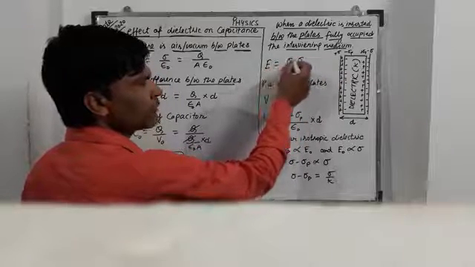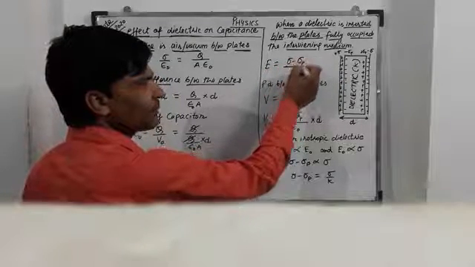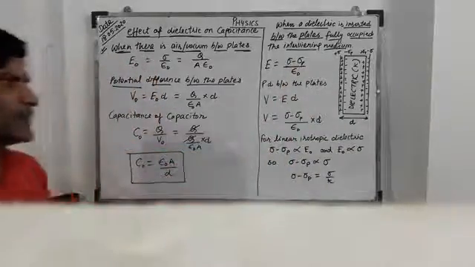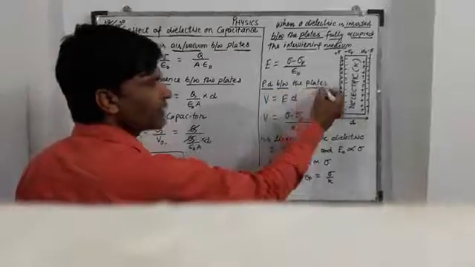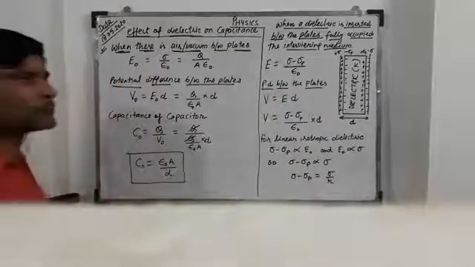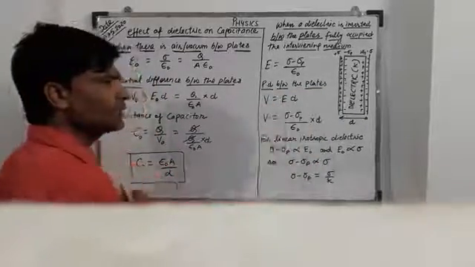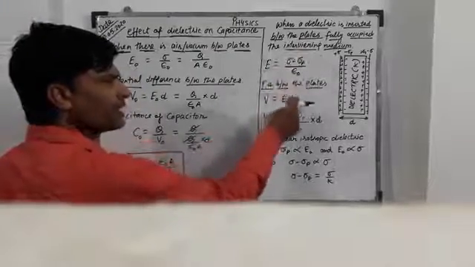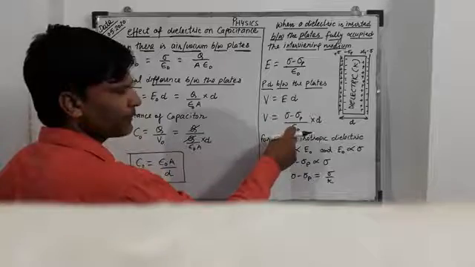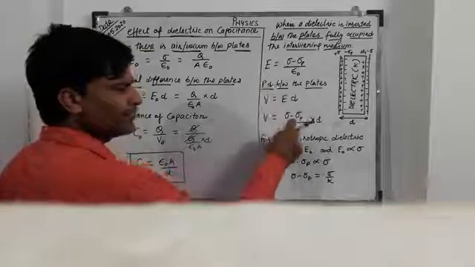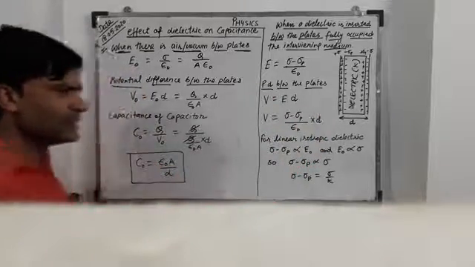So E is equal to sigma minus sigma p upon epsilon naught. Then the potential difference between the plates, V is equal to E into d. Put the value of E, we get V is equal to sigma minus sigma p upon epsilon naught into d.